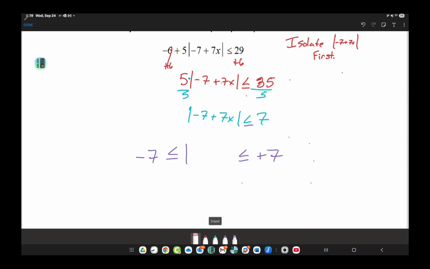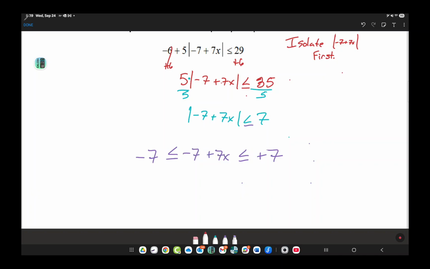So we drop the absolute value, we just drop it, negative 7 plus 7x.